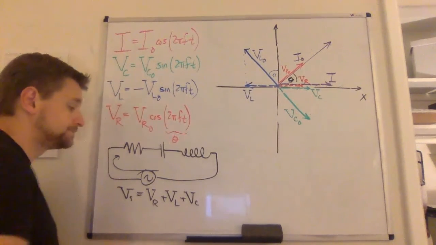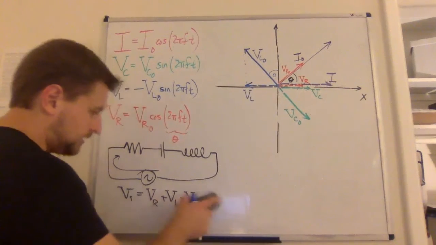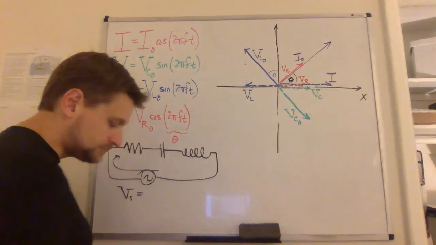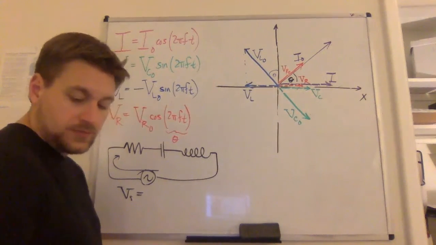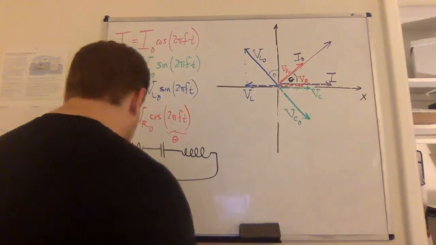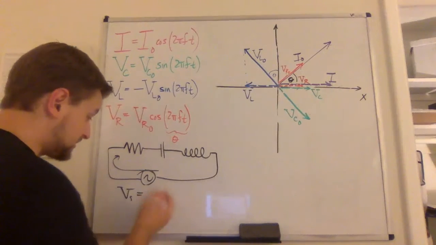Remember, write it here in this voltage relationship. The reactance for a resistor is nice.